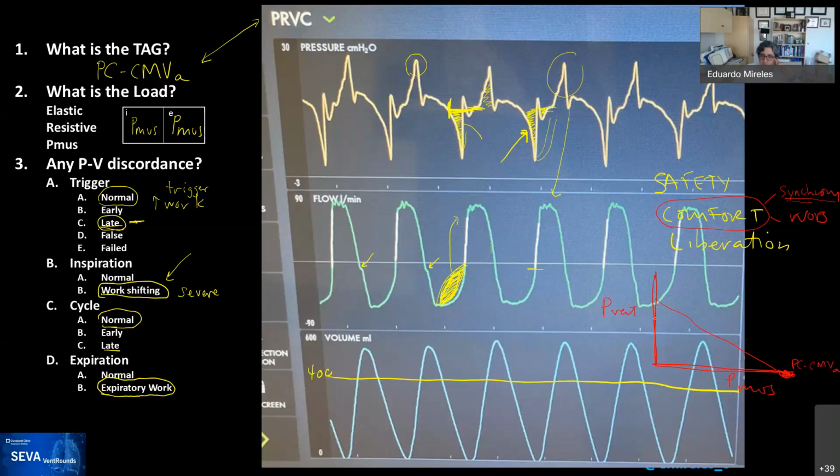What you're proposing is to actually set constant pressure from the ventilator, which would be PC-CSV.